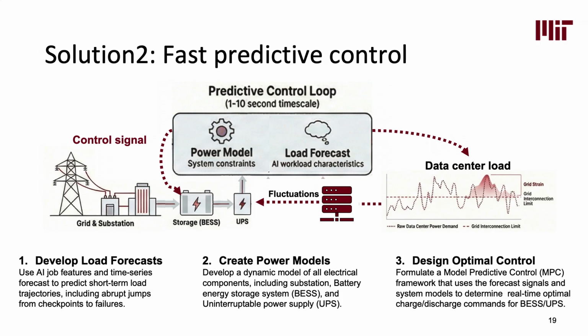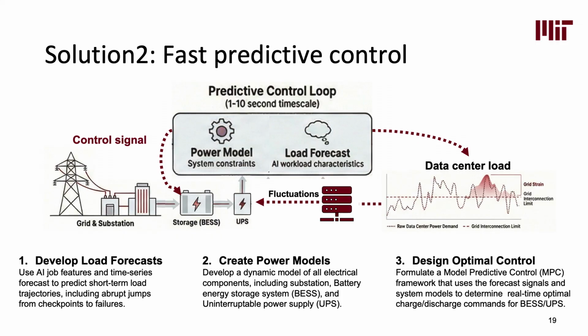So we can no longer use this optimization model; instead we need dynamic models and control theory to solve these problems. Still, I think the idea is the same: using the batteries and the UPS, which are essentially already there in the data centers, to manage these fluctuations. But there is additional work to do.